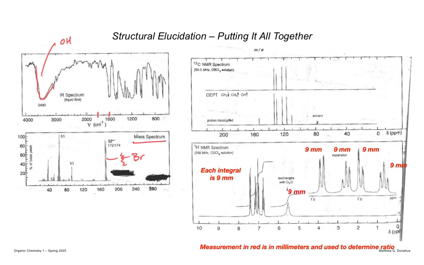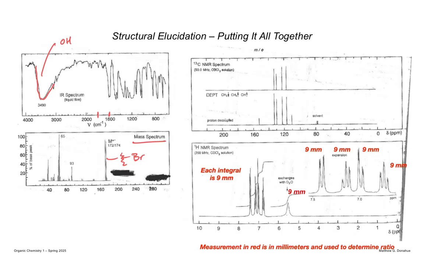So at this point, it's again like choose your own adventure. We could either take the 172, subtract off 79. That's the bromine contribution. We could then subtract off 16. Then we get the remainder for C and H. So we could do that, but we're going to take a more visual approach and look at the carbon right now.